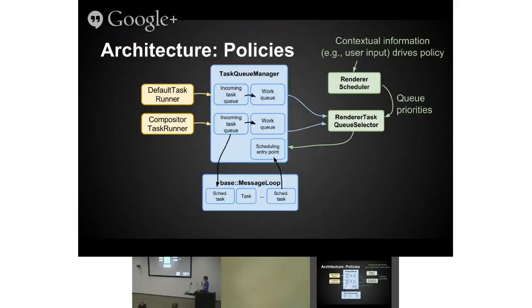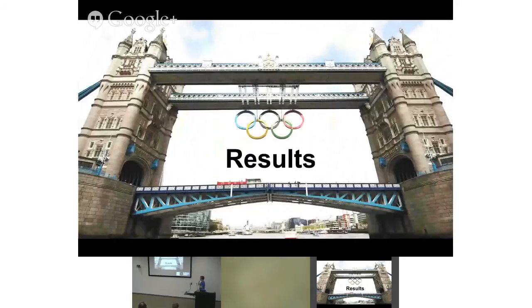And on top of that, there's the scheduler itself that implements the policies and basically tells the selector what it should be prioritizing. That's basically the architecture.